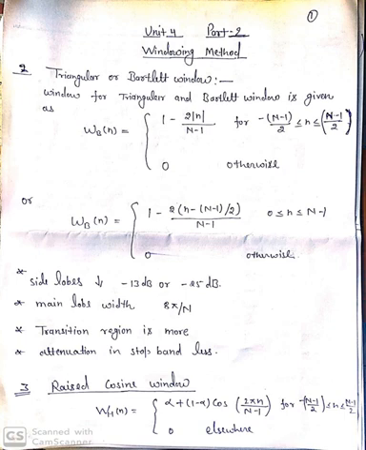So the triangular window produces a smooth magnitude response in both passband and stop band, but it has the following disadvantages: the transition region is larger, and second, the attenuation in the stop band is less. Because of these characteristics, the triangular window is not usually a good choice.